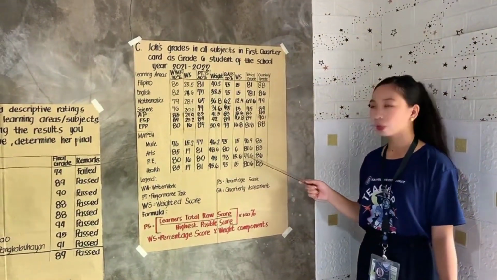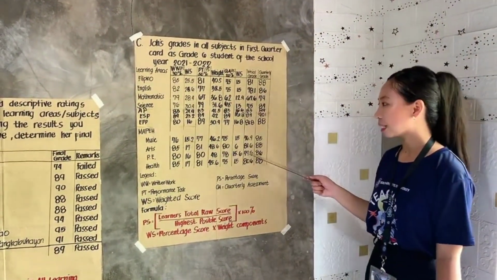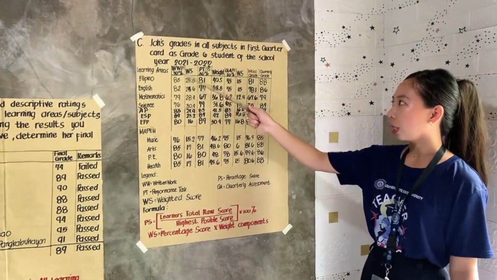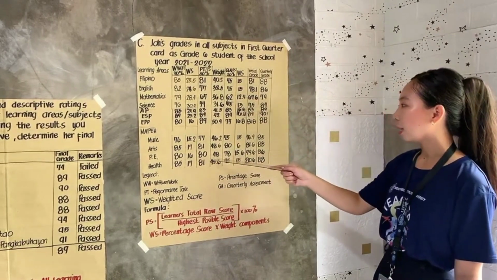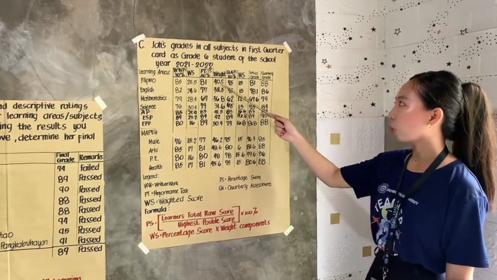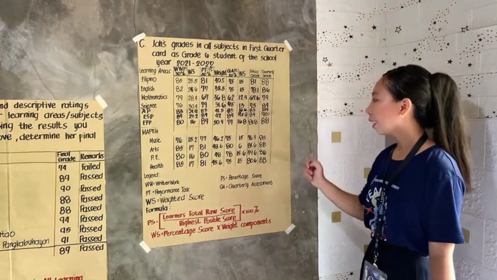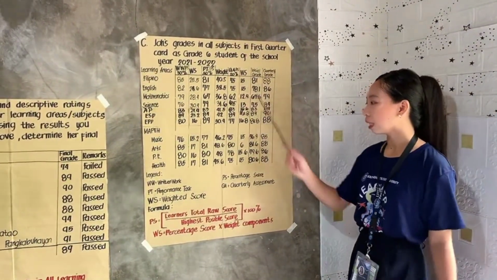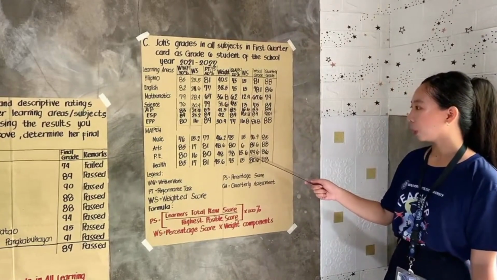So that would be total 81.6. In PE, he got 16 weighted score in written work, and 48 weighted score in performance task, and 15.6 weighted score in quarterly assessment.